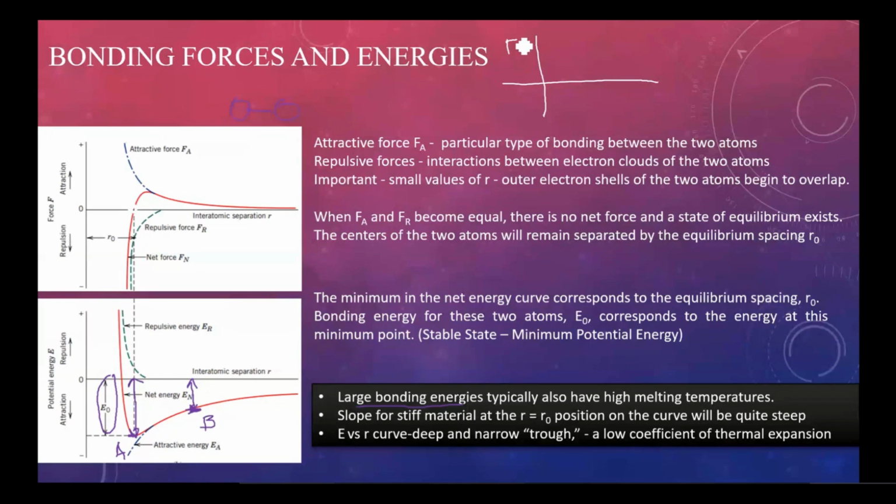I have a curve of force versus distance, and I am referring to the point at which my net force is 0. If my slope is like this, or like this, this is case 1, this is case 2.